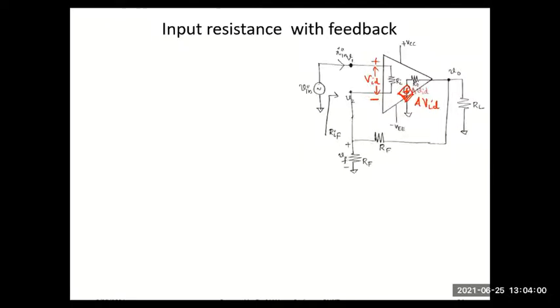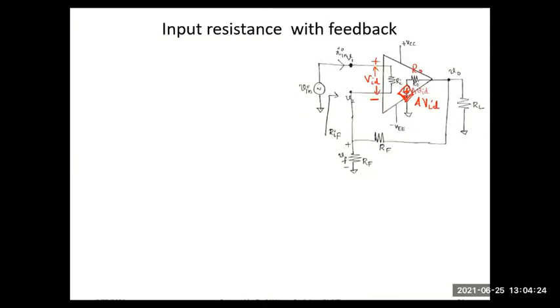And the output voltage will be A times VID. And in the Thevenin's equivalent, I should always include a series resistance with the dependent voltage source, as you can see, R0.